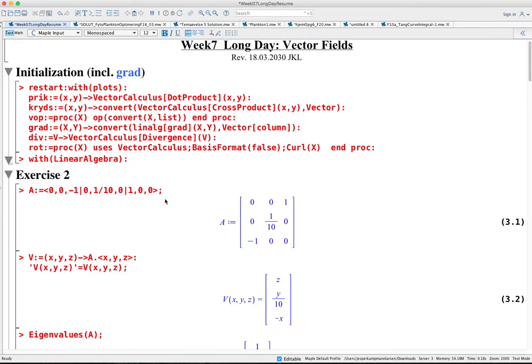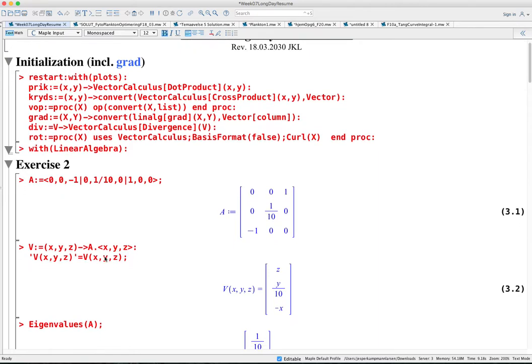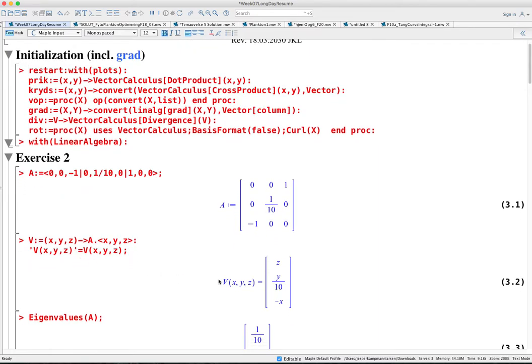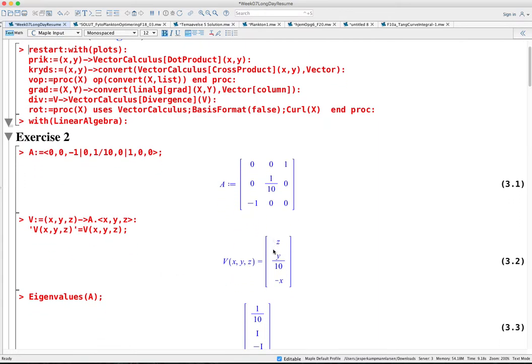I have here written the system matrix, and you can see that if you generate the vector from this system matrix, you will get these coordinates. The first coordinate is z, and the second is y divided by 10, and the third is minus x.